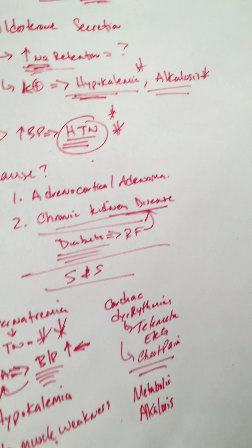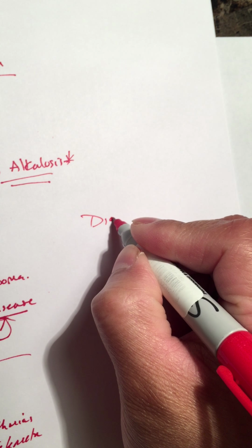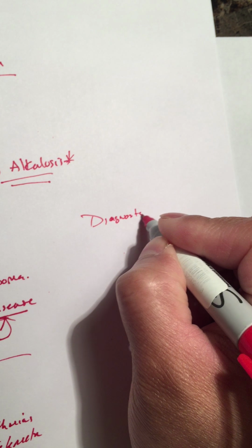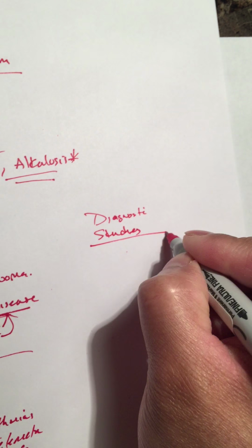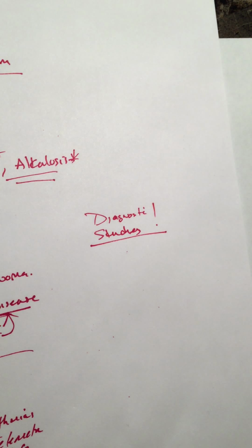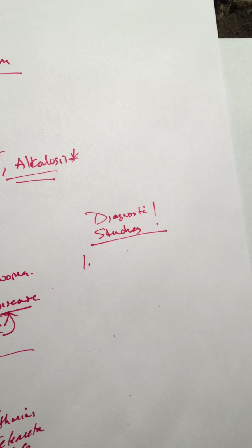So what are some diagnostic studies for these patients? Number one, we talked about how this could be caused by an adrenocortical adenoma, some type of mass, some type of tumor.